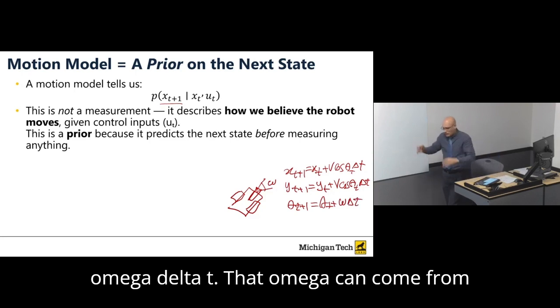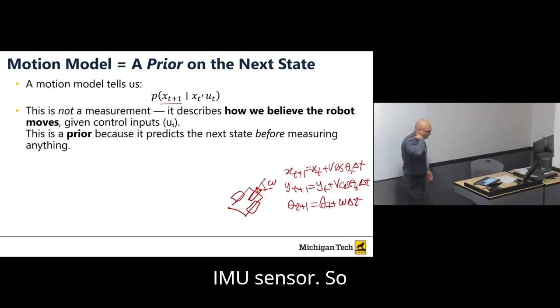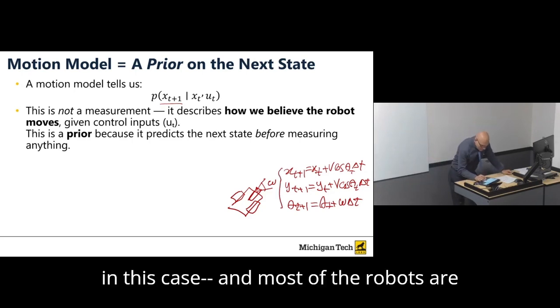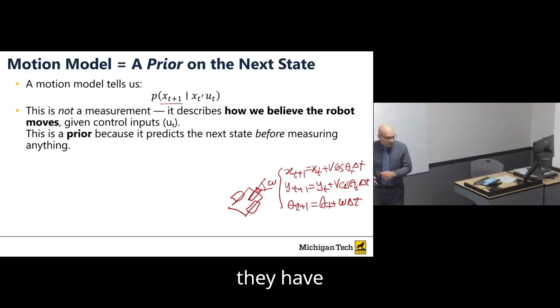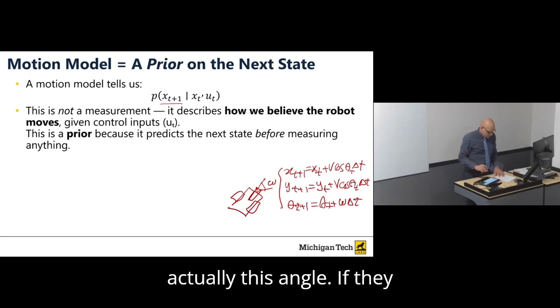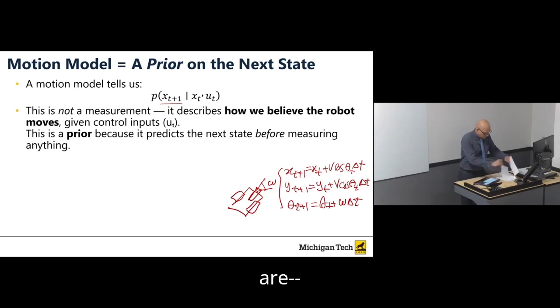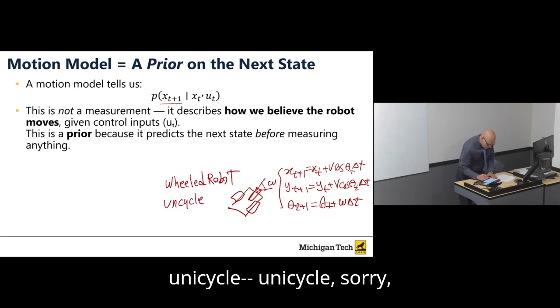That omega can come from an IMU sensor. Most of the robots are like that. Most of them have this angle. If they are in this format, it's called a wheeled robot, or sometimes a unicycle robot.